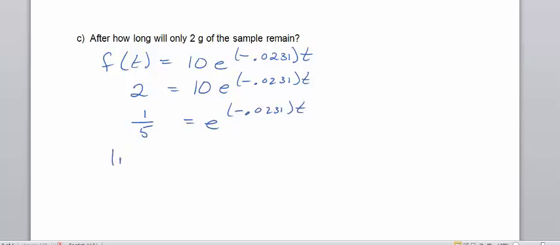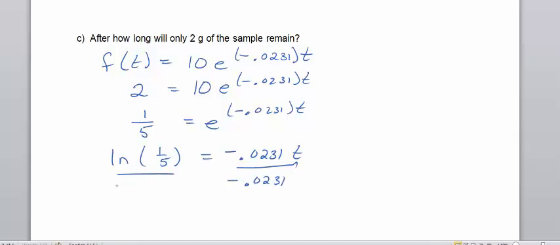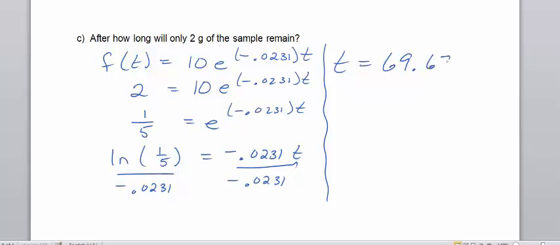Take the natural log of both sides. Natural log of 1/5 equals negative 0.0231 t. And now we're going to divide both sides by negative 0.0231. So, if we plug that in, how long is that going to be? About 69.673 years.